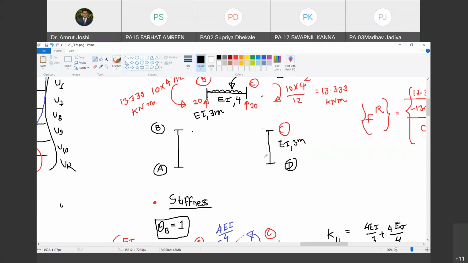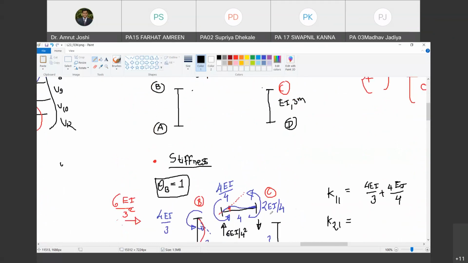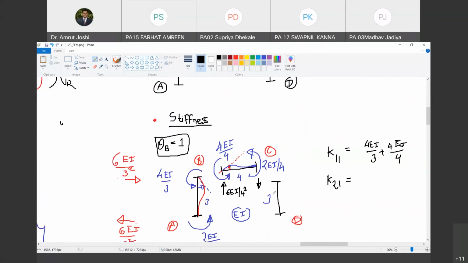So I should be looking for moment reaction that gets produced at C due to unit displacement at 1. Are you with me? Sir, why should we look for moment reaction? Because 2, that is theta c, is rotation. Are you with me? Yes, sir. So what is that reaction? 2EI by 4, and it is positive. So I am going to write it as 2EI by 4.